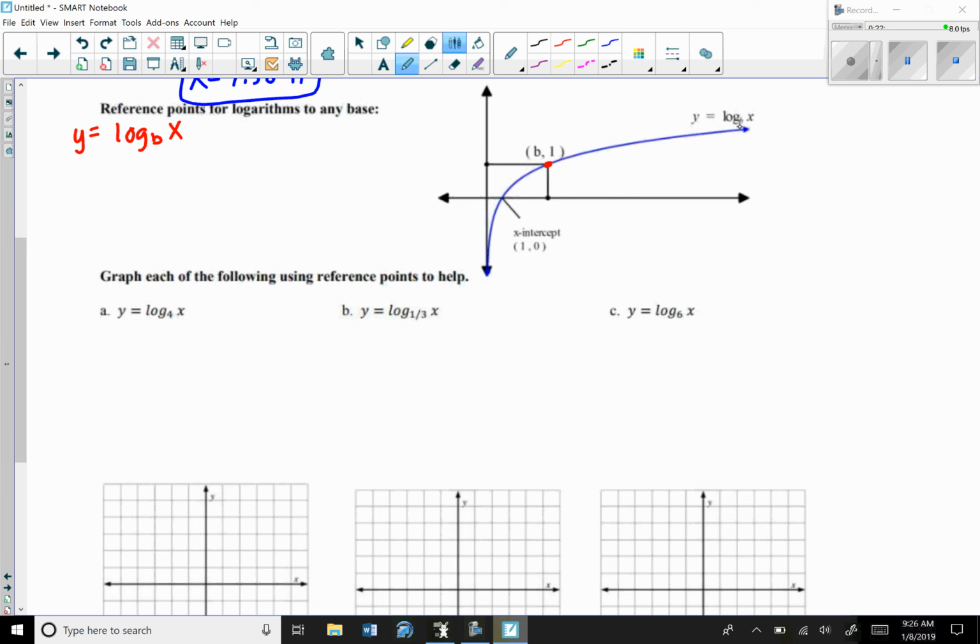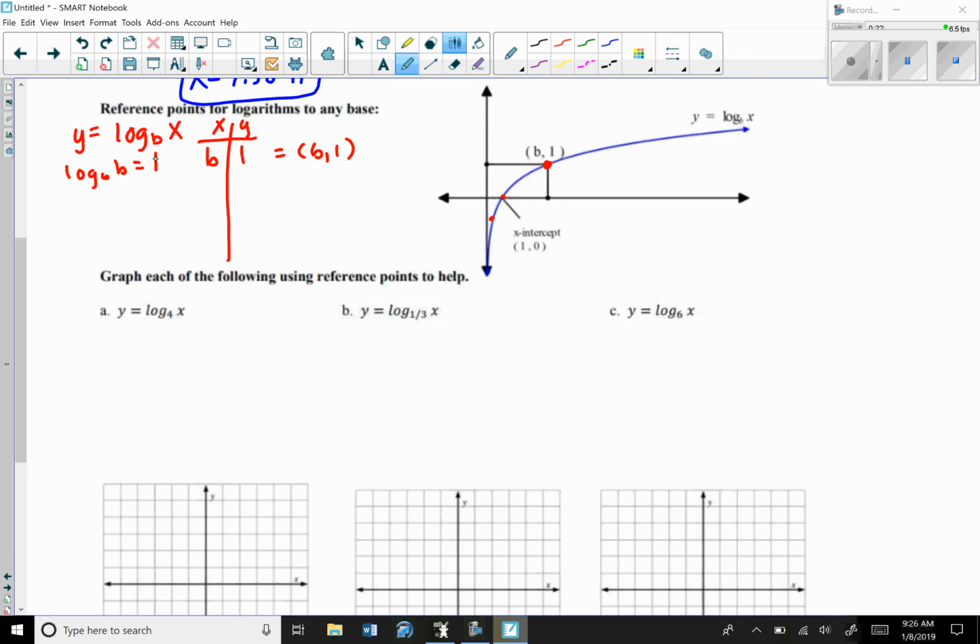For your table, we know that the log base b of b is equal to 1. So the reference point we use is b comma 1, which is this point right here.